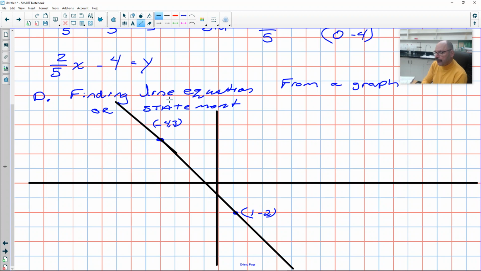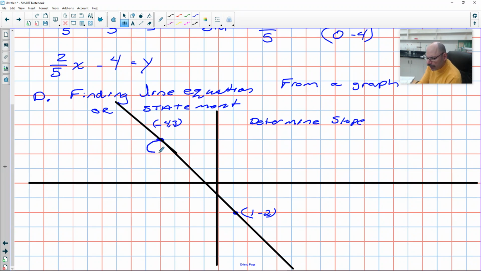Okay. Now, if it was perfect and it went across here and here, we could use the slope intercepts. But the first thing we should do is determine the slope of the line. Okay, so I'm going to go from here to here.